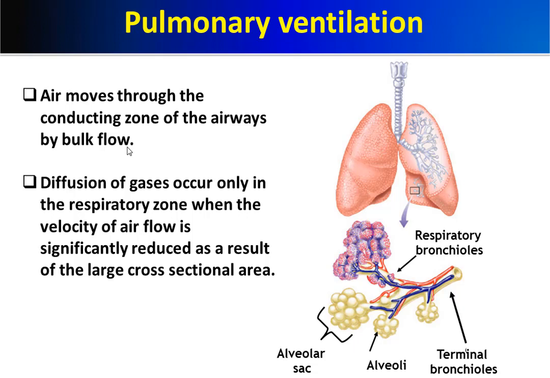And we've mentioned that the diffusion of gases, the process of exchange of oxygen and carbon dioxide, takes place in the respiratory zone when the velocity of the flow of air is significantly reduced as a result of the huge cross-sectional area of the respiratory zone.